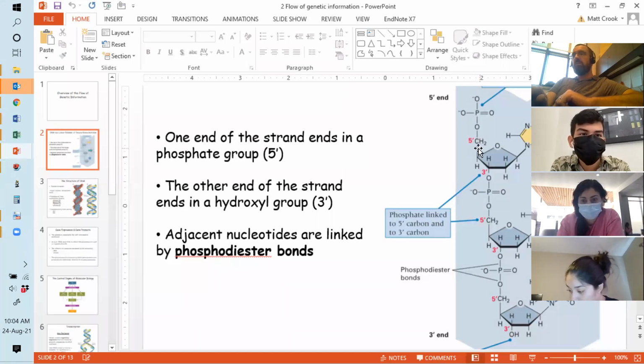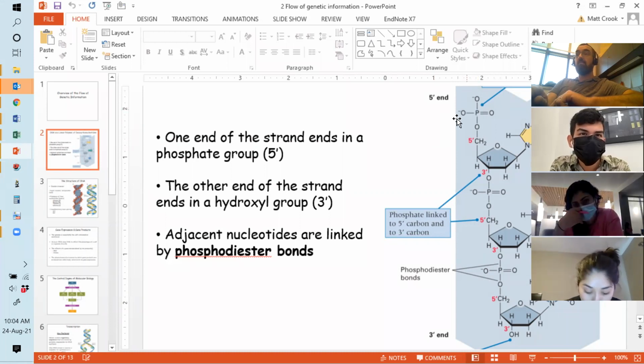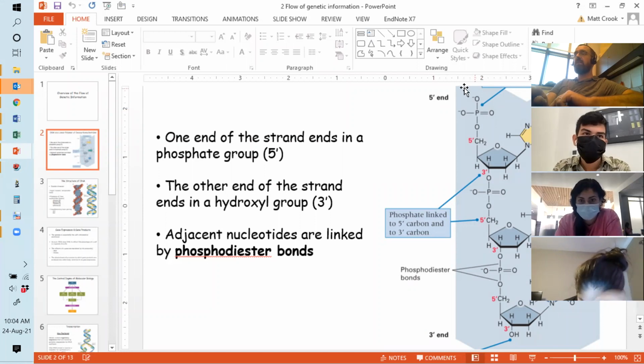Keep going round and you see the 5th carbon up here that has the phosphate group attached to it. So if you have linear DNA, at one end of it you'll have a phosphate hanging in the breeze, right? That's why this is called the 5' end and this is called the 3' end. It's basically a shorthand telling us that at this end we have a phosphate, and at this end we have a hydroxyl group that is available, one presumes, for adding another base onto.